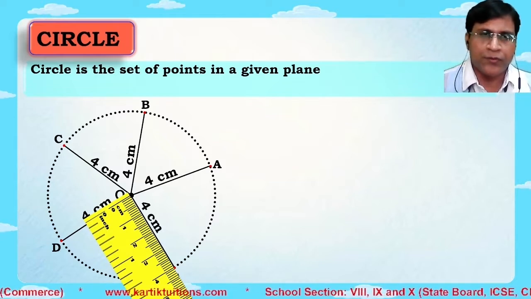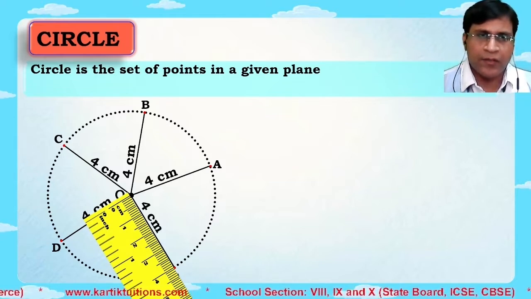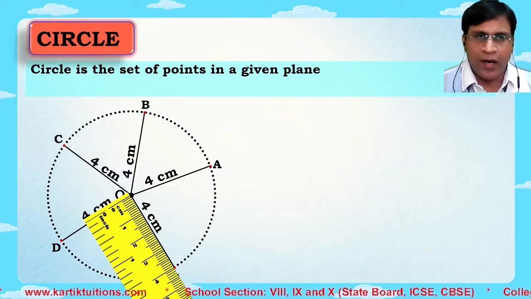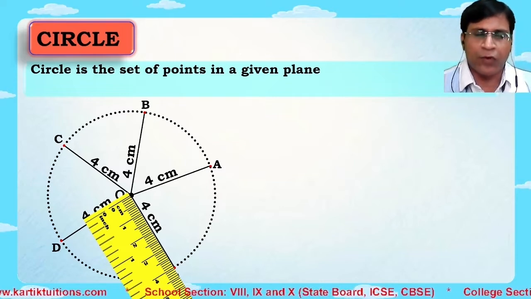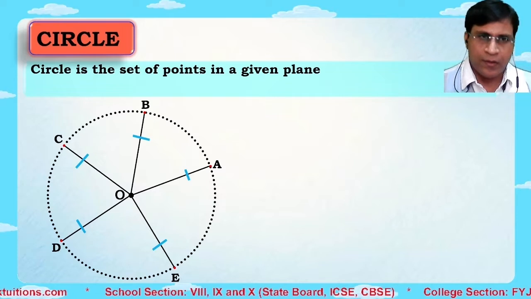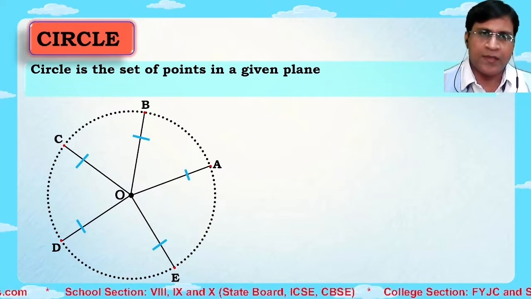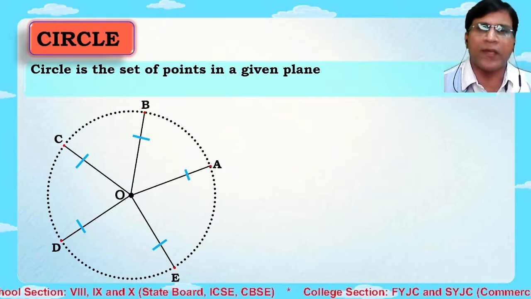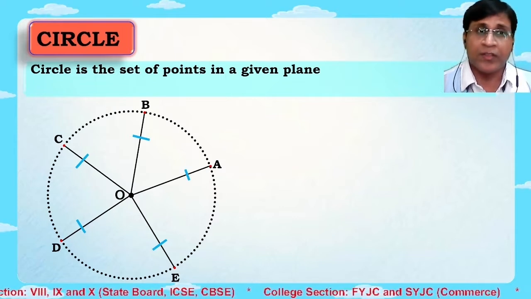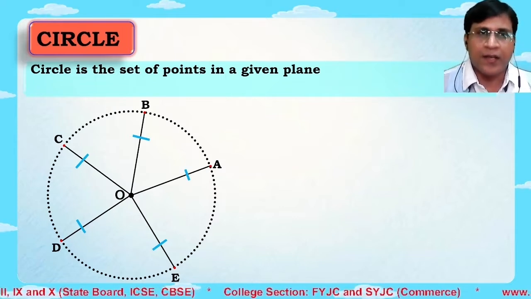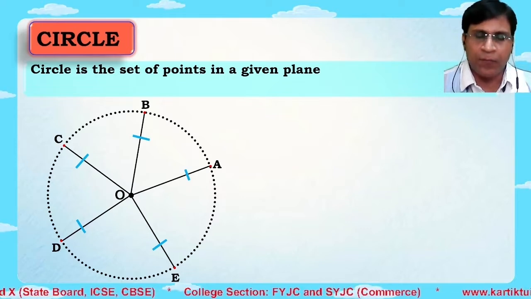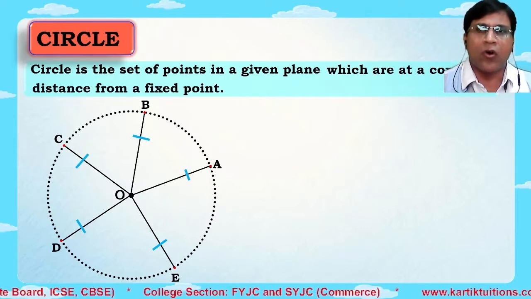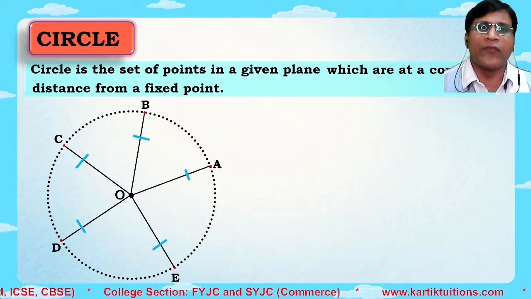So what do we observe? We observe that all the points are at an equal distance from that specific point. In other words, OA is equal to OB is equal to OC is equal to OD is equal to OE. तो इसका मतलब क्या बनता है? Circle is a set of points in a given plane which are at a constant distance from a fixed point.